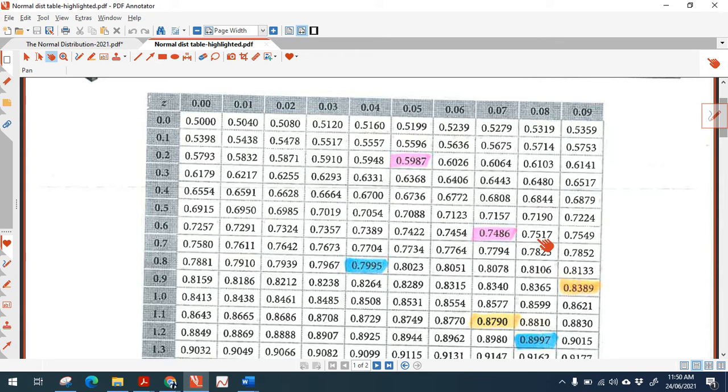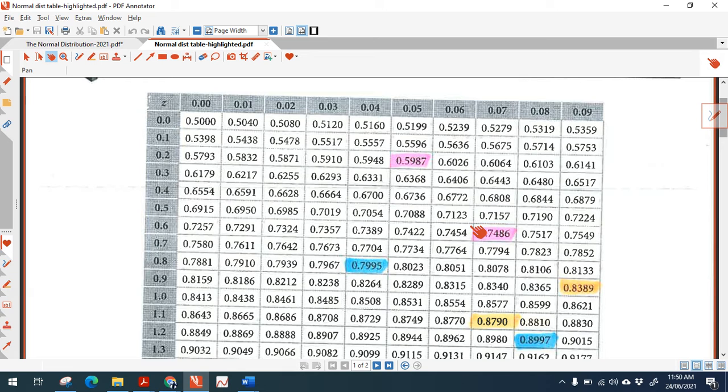If I look at 0.7517, that's not as close to 0.75 as this one here. So that means I'm looking for a z-score of 0.67. This is the number in the table closest to 0.75, so that's going to give me 0.67 for the upper quartile.